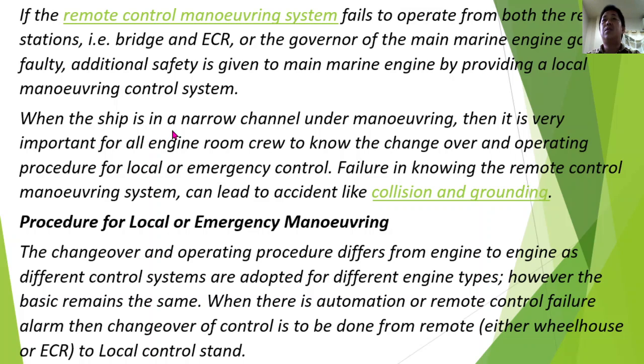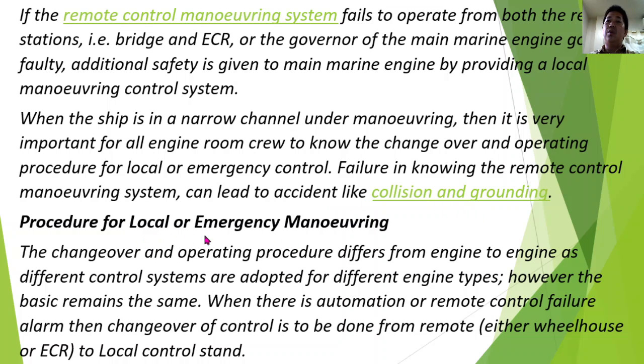When the ship is in a narrow channel under maneuvering, it is very important for the engine room crew to know the changeover and operating procedure for local or emergency control. Failure in knowing that remote control maneuvering system can lead to accidents like collision and grounding.